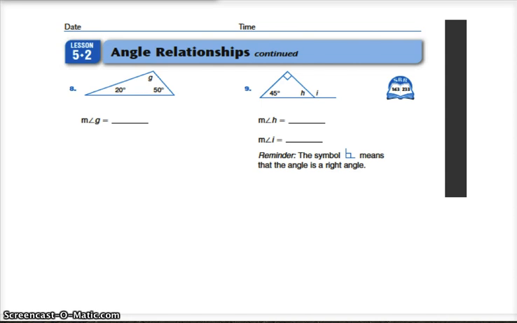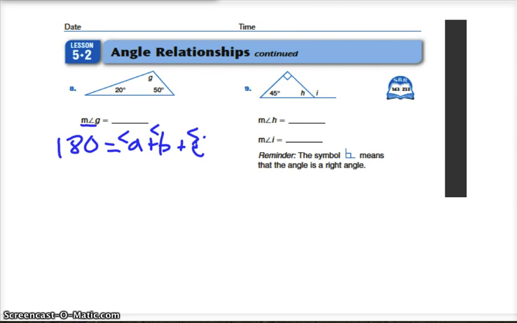So the first thing that we know is everything equals 180. So we could say that we'd have angle A plus angle B plus angle C. And we're going to put our angle sign because we're dealing with angles. It's not how you would really write it very well.